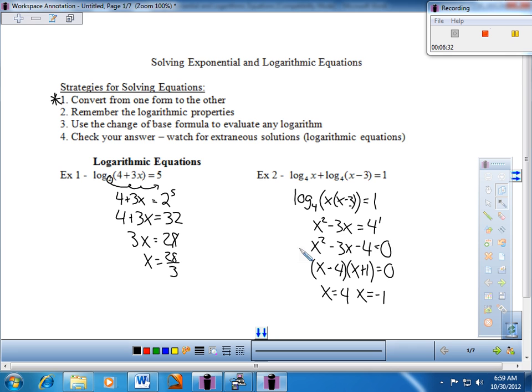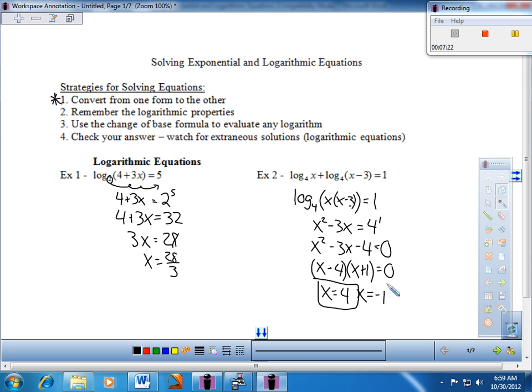The problem is the other one, if I put it back in, it simply doesn't work. So think about which is which there, and then I'll highlight. I think this one, everybody, is what we want. I think 4 works in the equation. If you put it back in for x here, and if you put it back in for x here, it works perfectly.